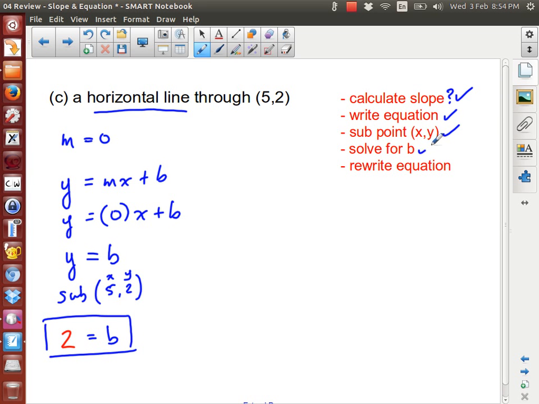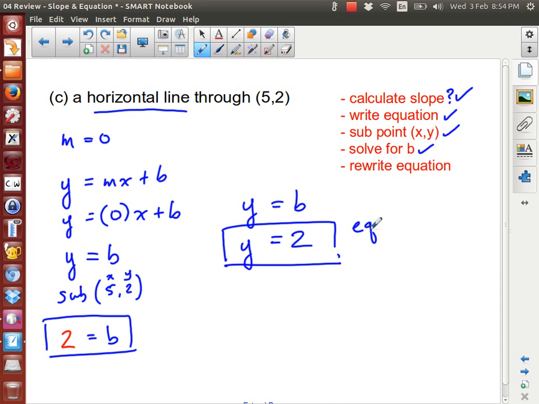So I subbed that point, I solved for b, and so now my equation becomes y equals b, but I know that y equals 2. So that's telling me that the equation of this line is y equals 2. This is the equation of a horizontal line.